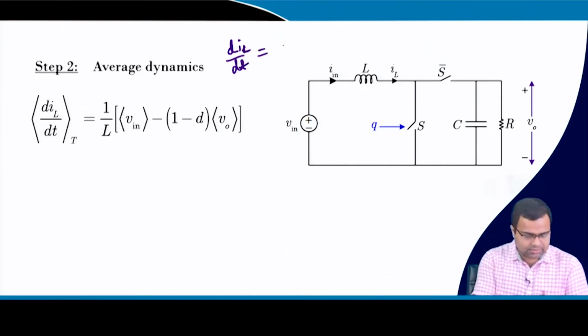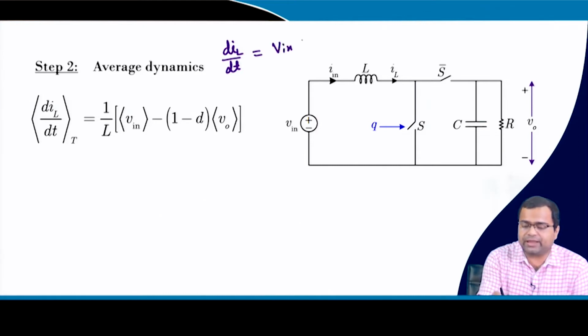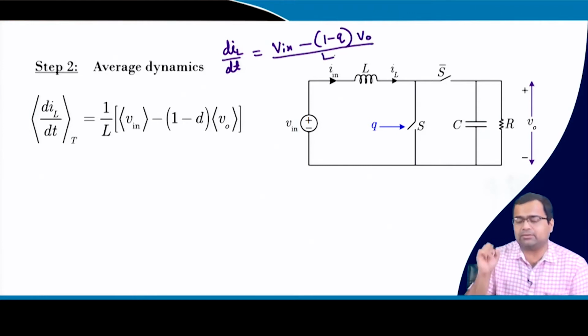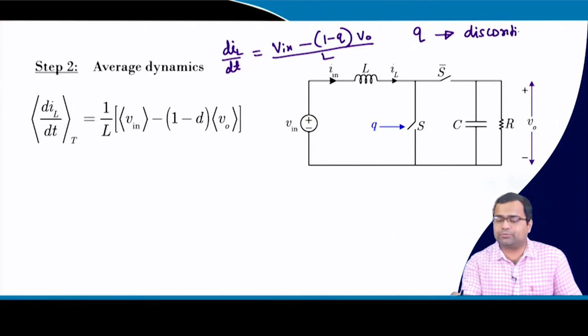Earlier we got the inductor current dynamics as Vin minus 1 by Q into V0, the whole thing divided by L. In this case, Q is a discontinuous input, it is a discontinuous control input.